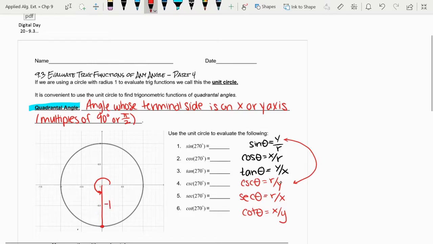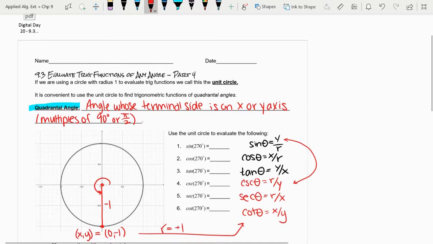So if we put our x, y coordinate in the coordinate plane, it would be 0, -1, and that's what we would use for all of these values. Anytime we have x or y, we have that. Now for r, the radius, that's what we use for the radius of our circle. So if I went down 1, the radius of that circle is +1. So for any quadrantal angle, r is always going to be +1.